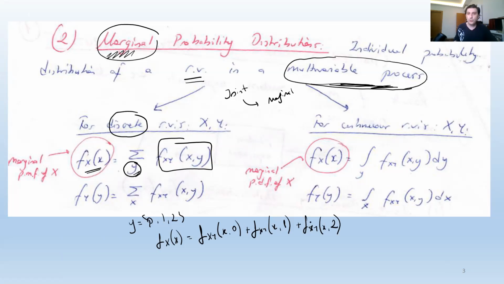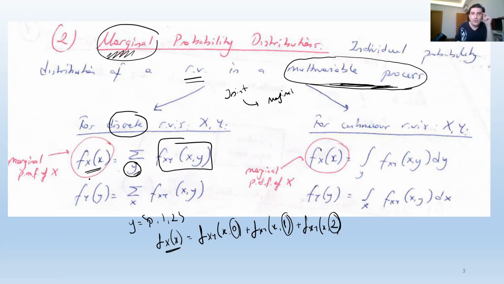When you add those, the rationale is that you cover all the possible values of y. Therefore, the resulting function is not going to be a function of y anymore, because you considered all the values of y.